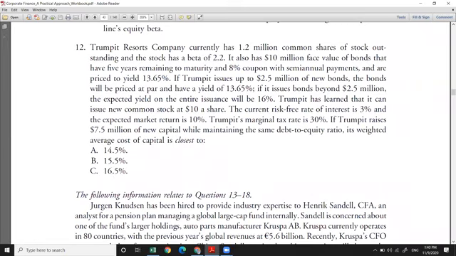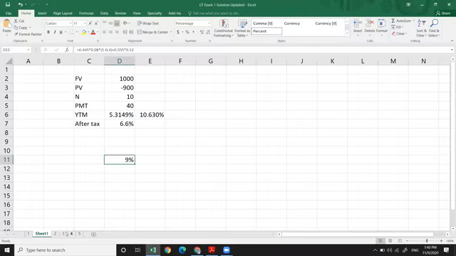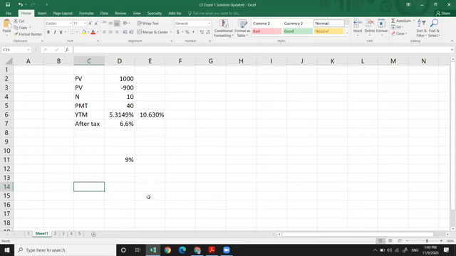First of all, the market value of the debt. Let me put everything into dollars so that we can read it. So the capital structure is the following.